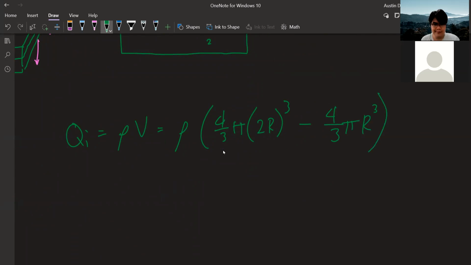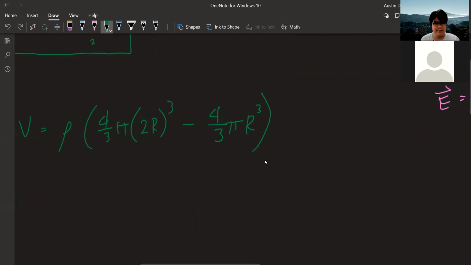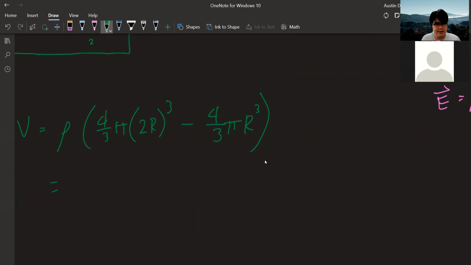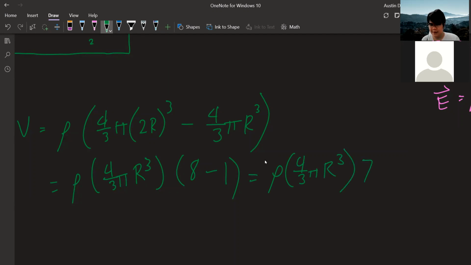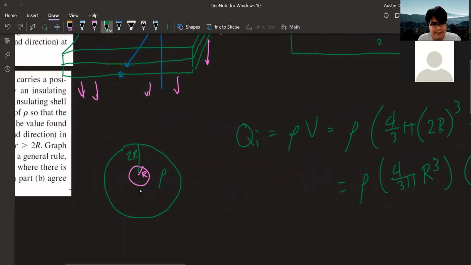Okay? So this can be simplified further. This is rho times 4/3 pi r cube, and then this is 8 minus 1. So that's rho times 4/3 pi r cube times 7. Okay, so that's our total charge that is in the insulating material.